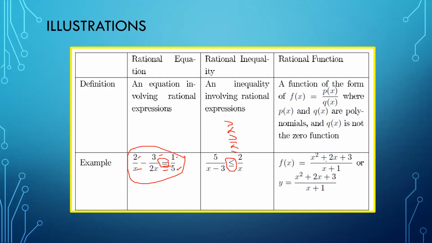We can represent a rational function by f of x or by y, provided the denominator and the numerator of the given function are polynomials.